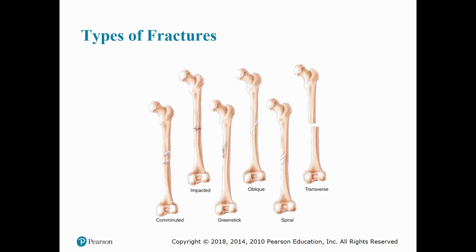This is usually caused by some type of severe trauma, a gunshot wound, for example. Oblique fracture, this is when the bone fractures at a 45-degree angle. This can be caused by a fall or some type of trauma as well. And then a transverse fracture, this is a fracture across the parallel plane.